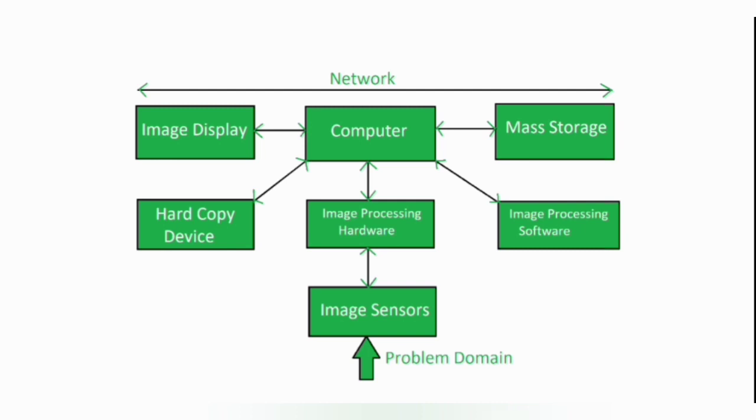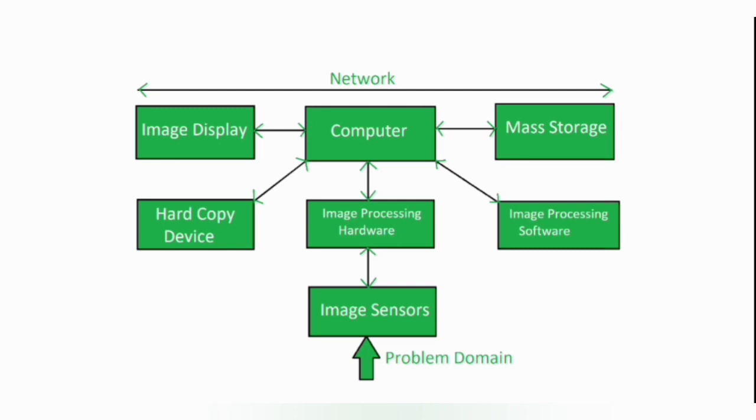The second component, image processing hardware, is used just before the intelligent device. We perform specialized processes on the image but with high speed, such as averaging different samples of an image for reduction of noise. Computer is another component of an image processing system.